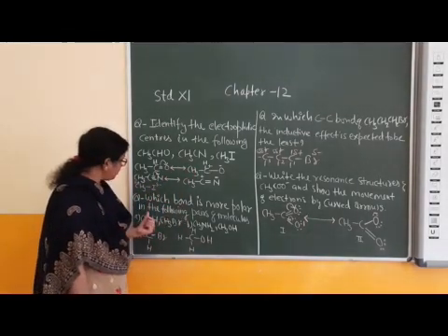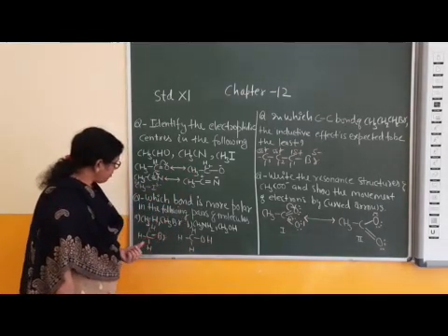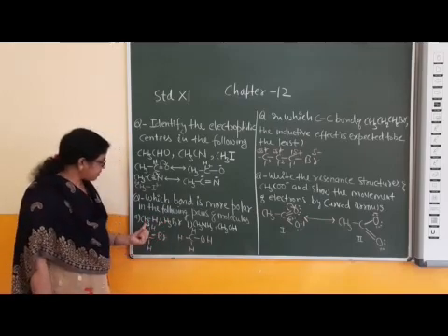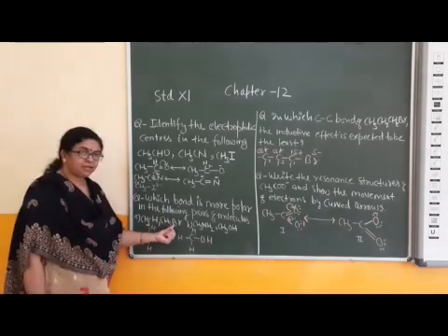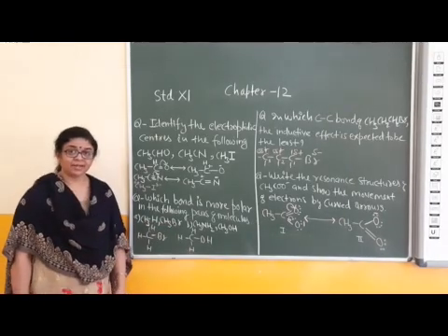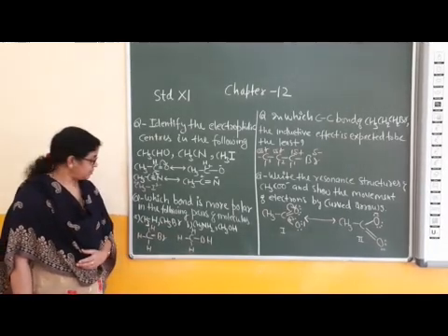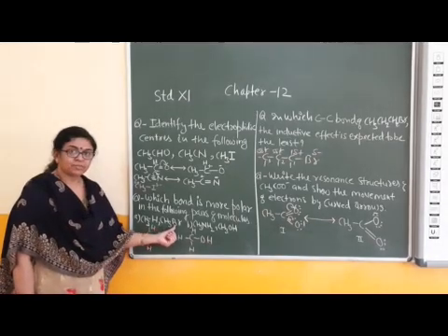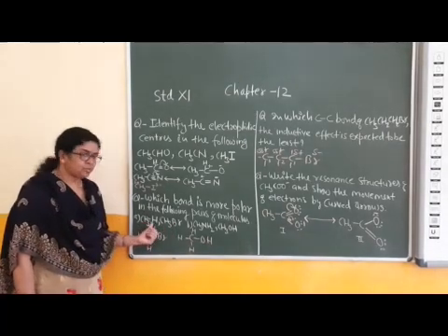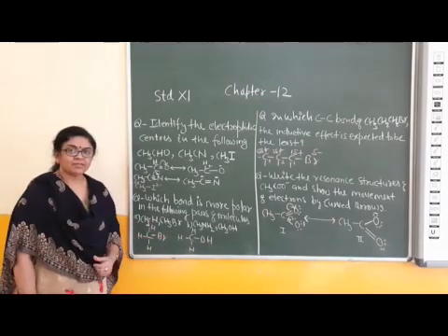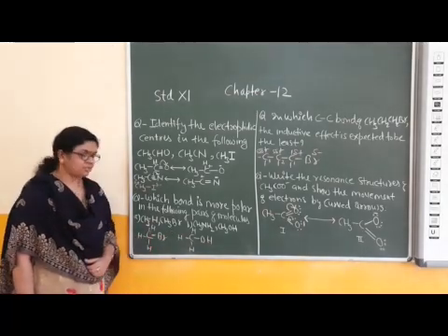Which bond is more polar in the following pairs of molecules? First is CH3-H bond, CH3-Br. In hydrogen and halogen, which atom is more electronegative? Halogen, right? C-Br bond is more polar than C-H bond because Br is more electronegative than hydrogen.